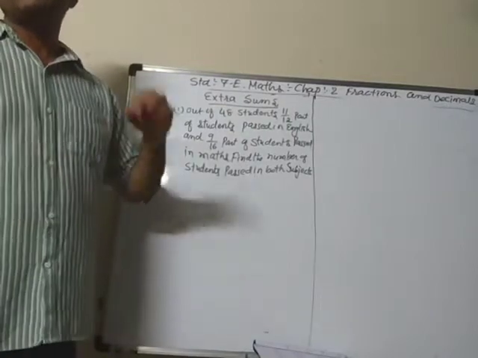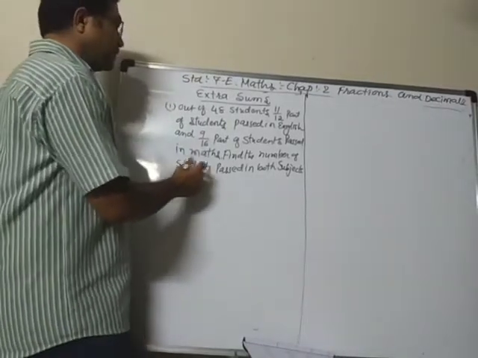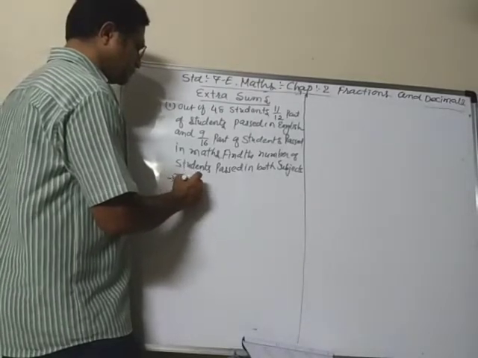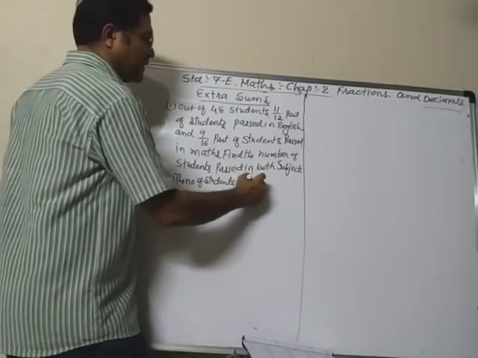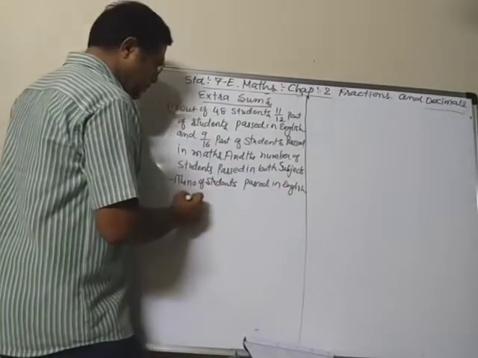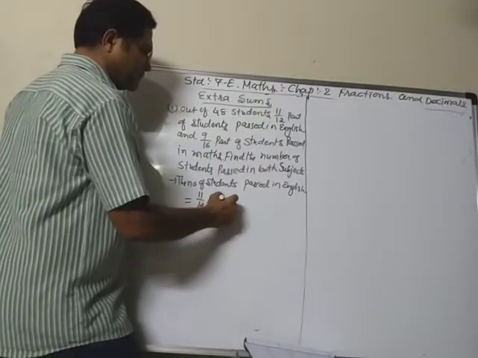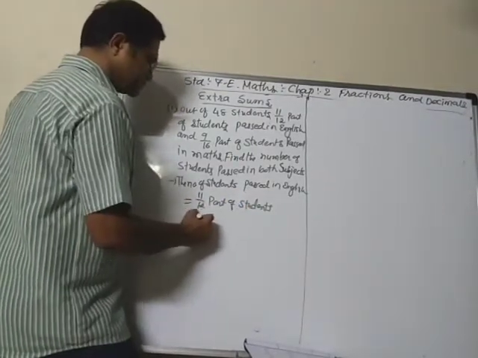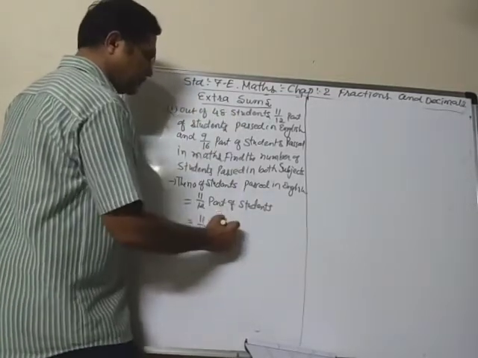So one by one we have to find out the number of students passed in that particular subject. So we can write down here the number of students passed in English is what? 11 by 12 part of students. It means that 11 by 12 of, how many students are there total? 48.